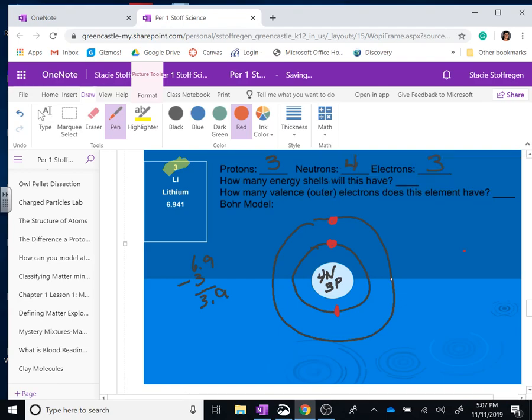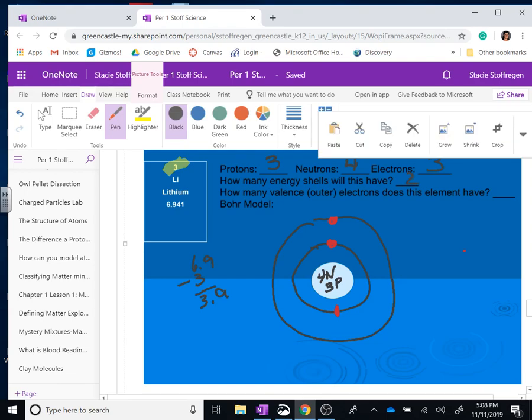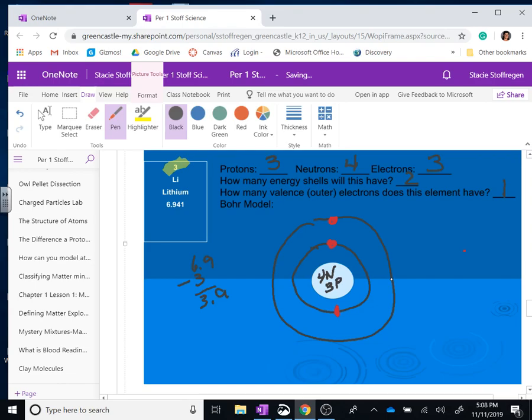And so this is going to be helpful when we start talking about bonding and chemical reactions, and it's also going to tell us a lot about the location of these elements on the periodic table, because we're going to start seeing some patterns. All right, so how many energy shells? This one has 2, and it only has 1 lonely valence electron.